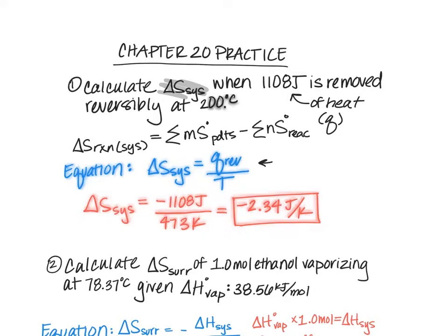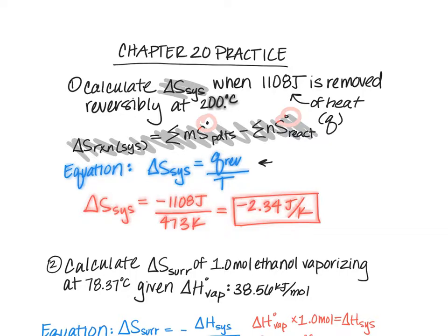Okay, a couple of things about the equation that I've just written. I don't know if you can read that, so let's erase that. Notice that in the equation is the standard, right?